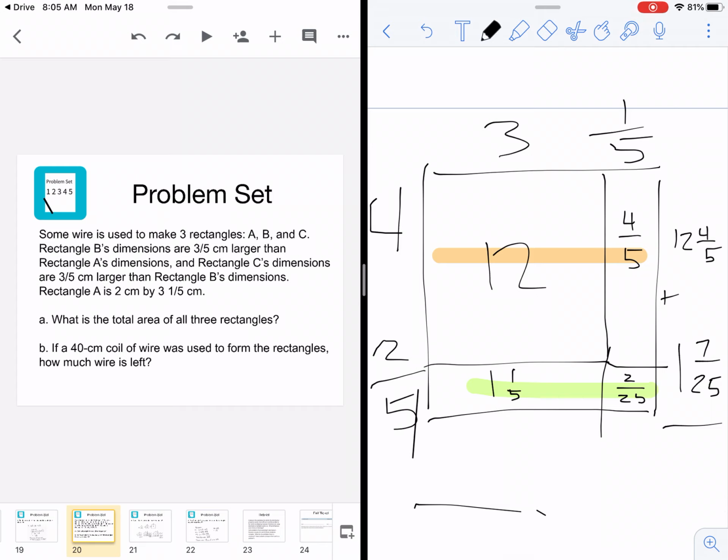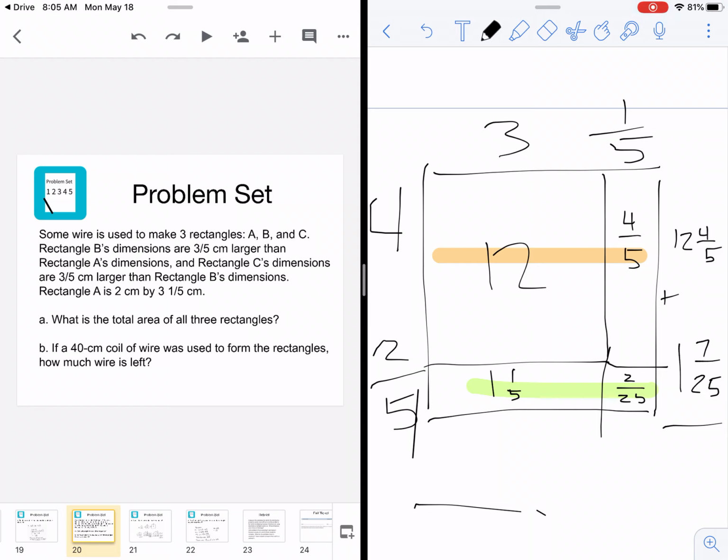So now I have to convert 4/5 into 25ths, which times 5 is 20. 20 25ths plus 7 25ths gives us 27/25.